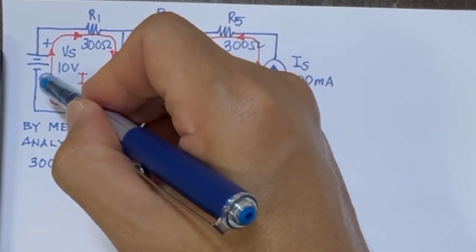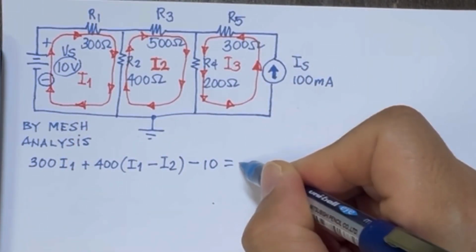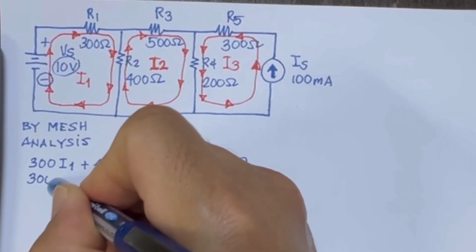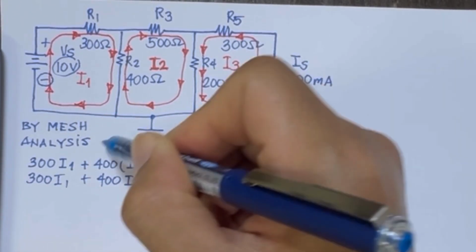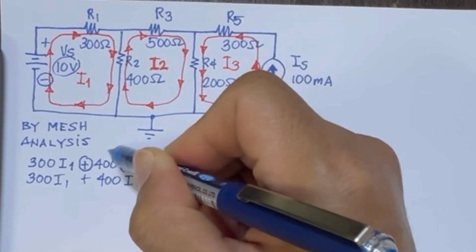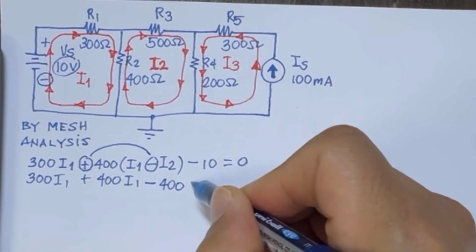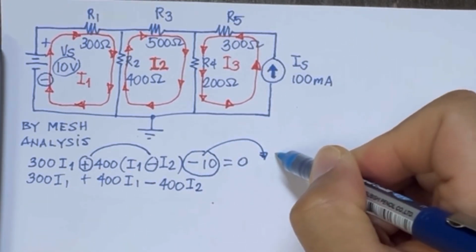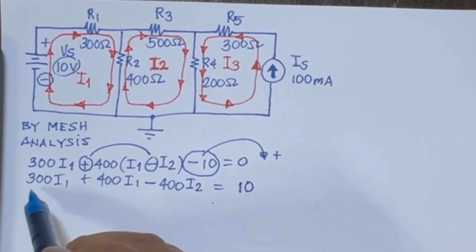And then, going through the loop, we have negative 10 volts, so minus 10 equals 0. Then we write it again: 300 I1 plus 400 I1, and we have plus and minus, so that would be negative 400 I2. And this negative 10 will become positive 10 when you move it to the right side of the equation.